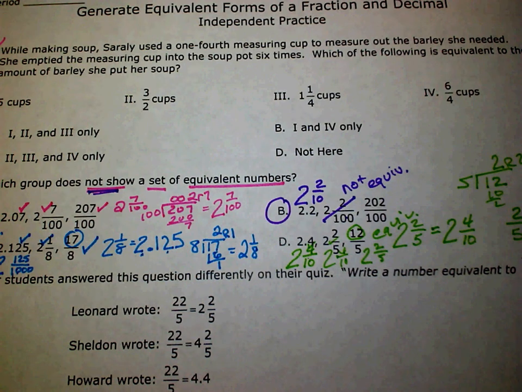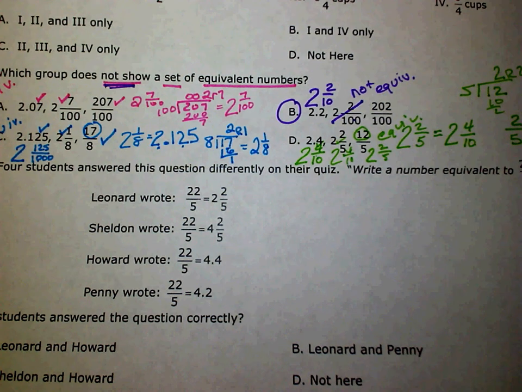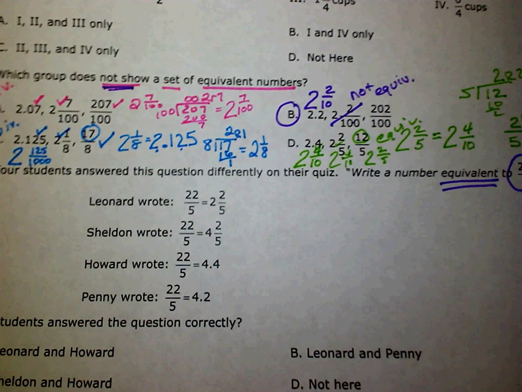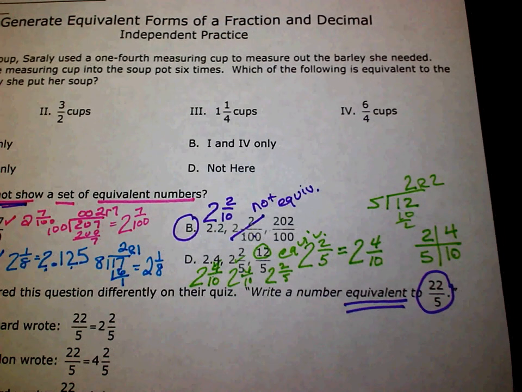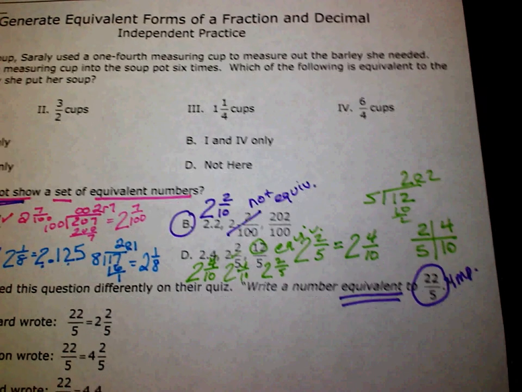Okay, for number 3. 4 students answered this question differently on their quiz. Write a number that is equivalent to 22/5. So I need an equivalent to 22/5. Well, if I notice, the first thing about my fraction is this is improper because the top number, the numerator, is larger.